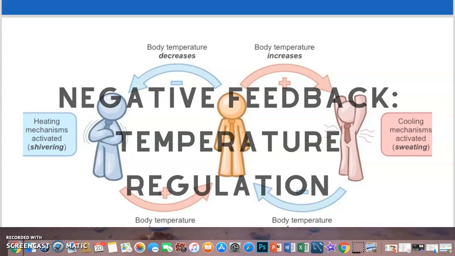And then if our body temperature decreases too much, the hypothalamus will tell the effector organs to start shivering or to constrict the blood vessels to conserve heat. And that will also lead back to our normal state.